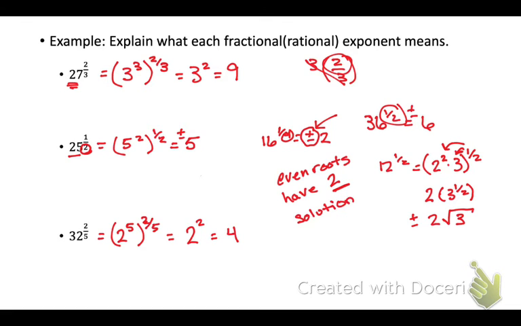Now, odd roots are not going to have 2, because unless there's a negative there, it's a positive. If I threw a negative there, the answer wouldn't be a positive 9, it would be negative 9. That's really easy with odd ones, right? But all even roots have how many solutions? 2.